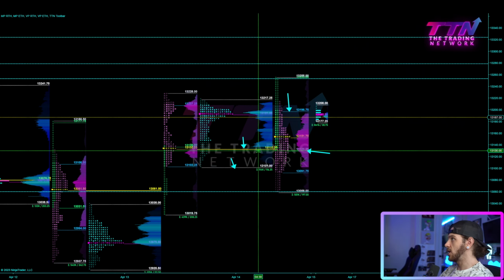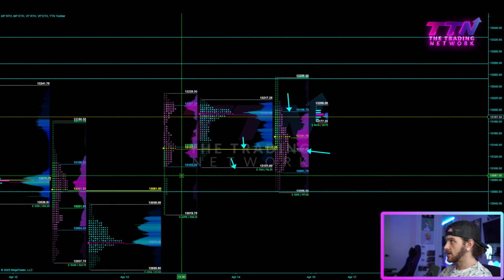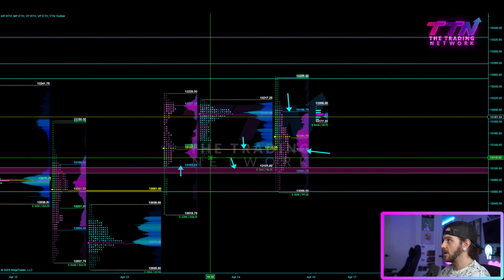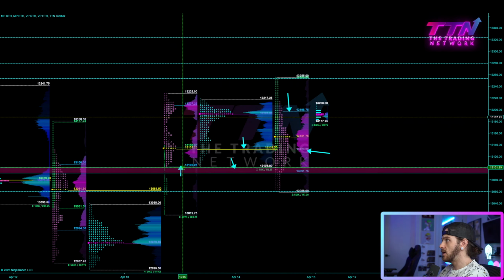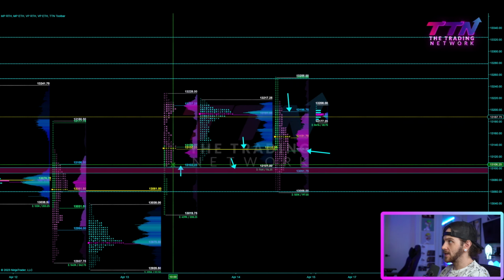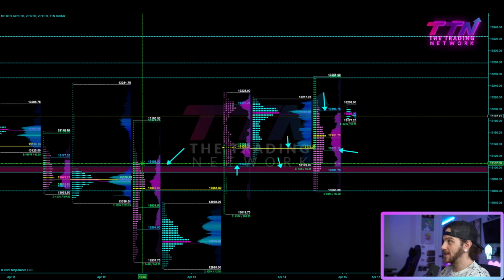That is the overnight low from Thursday into Friday's session, and then great confluence really between or right around that 13.1K level. So we've got Friday's value low, we've got Thursday into Friday overnight low, and we've got Thursday's value low at 13,102. And if we go back another day, we've got Wednesday's value high at 13,106. So that is going to be an important level.